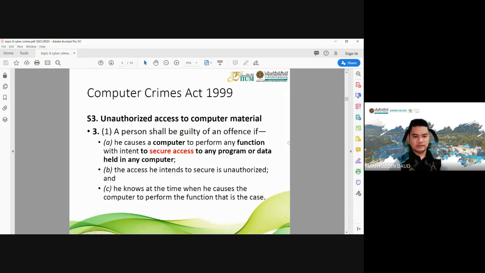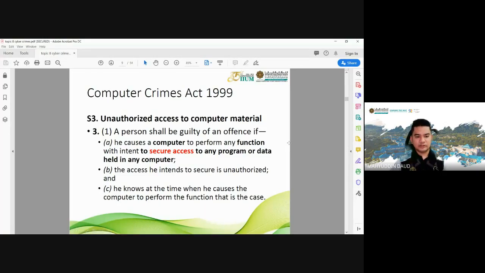Okay, let's look at Section 3. Here, we try to look at the words carefully. I have highlighted certain words that have significant meaning and that have also been interpreted by the provisions in the Computer Crimes Act.